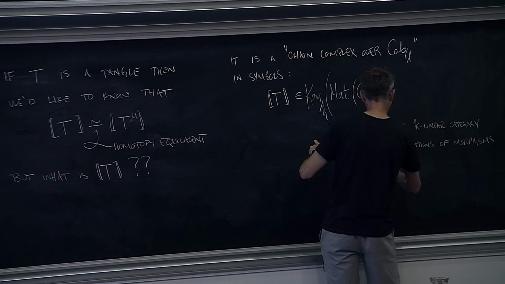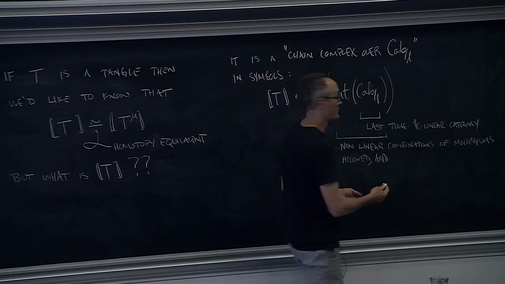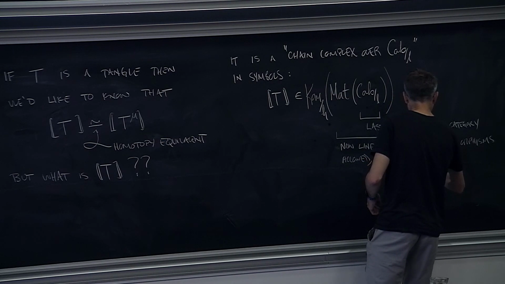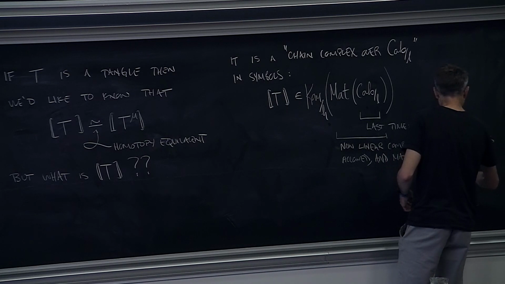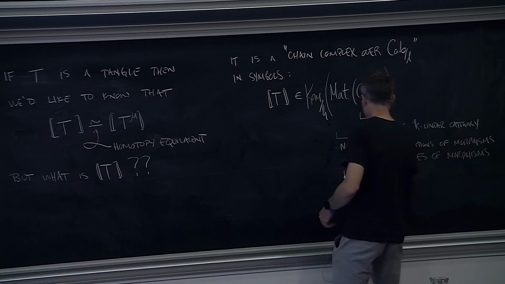And that means that in order to make sense of morphisms, I need whole matrices of morphisms between them.